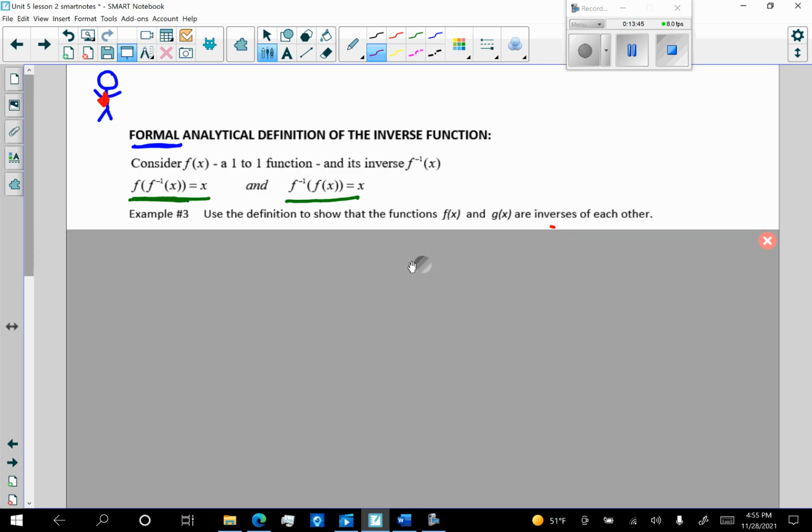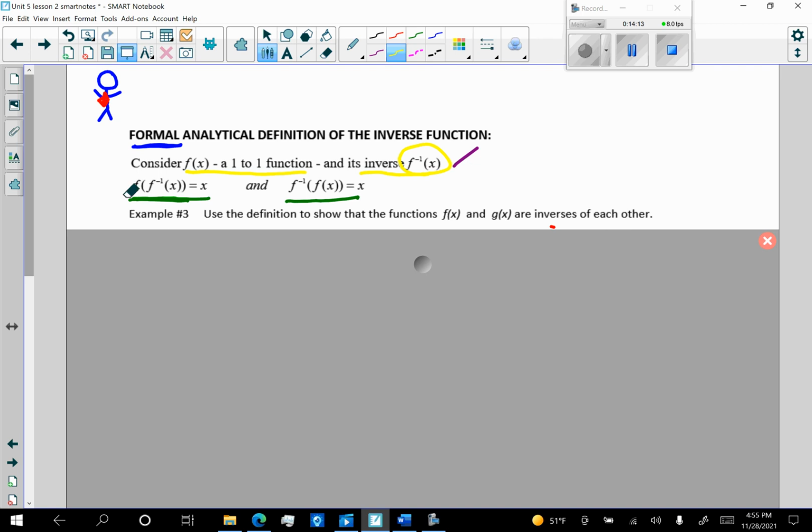And here is the formal analytical definition of the inverse function. Consider f of x a one-to-one function and its inverse, f inverse. If f of x is a one-to-one function, its inverse does exist. It's called f of negative 1. And we noticed from last week, we did review some stuff about composite functions.